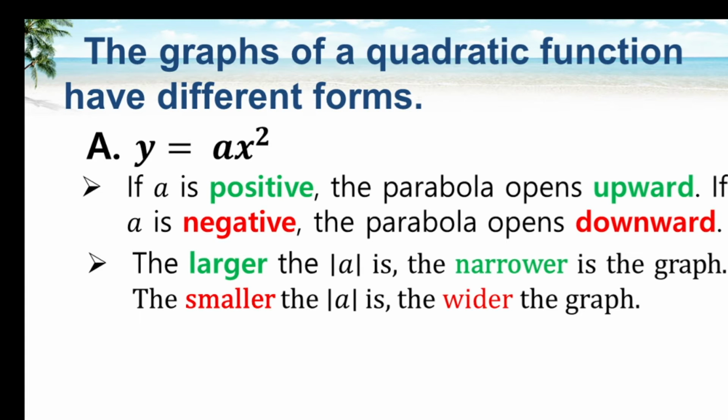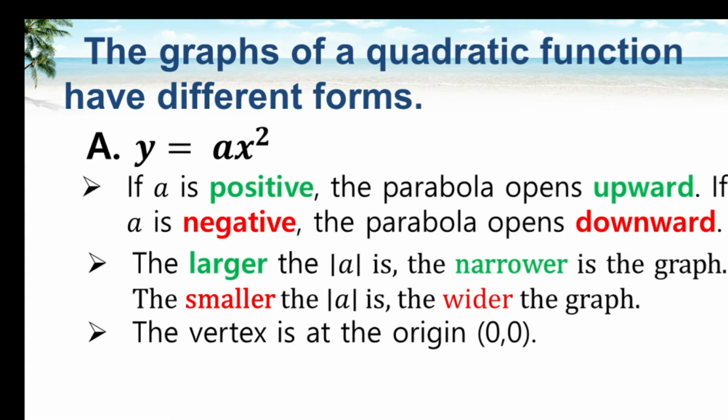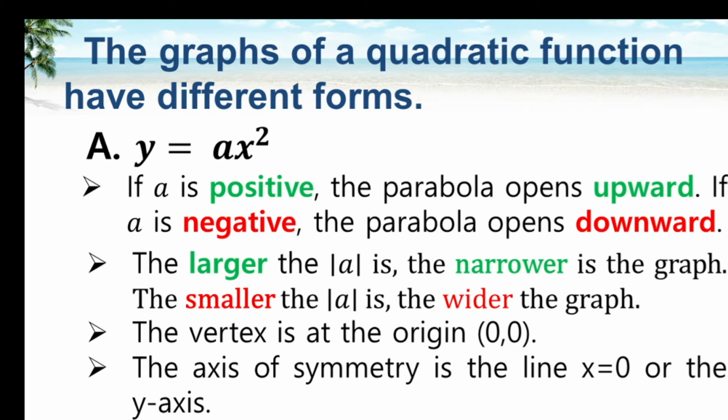The smaller the absolute value of a is, the wider the graph. The vertex is at the origin, whose coordinate is (0, 0). The axis of symmetry is the line x = 0 or the y-axis.